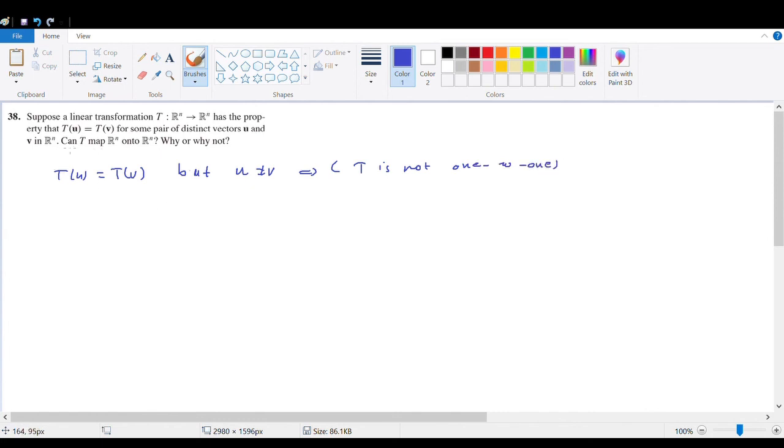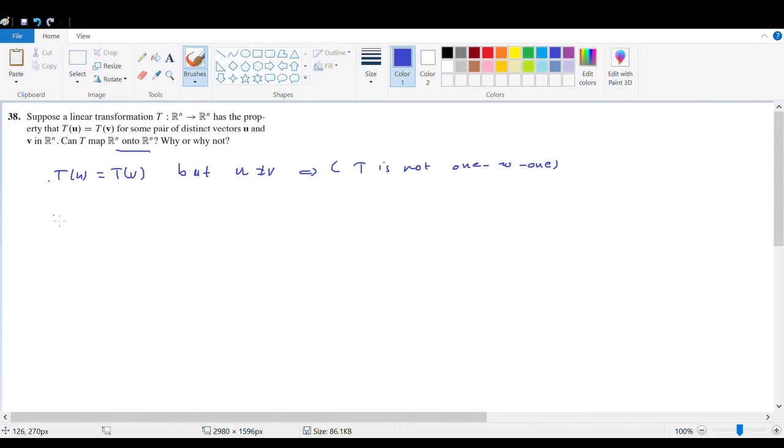So for some vectors u and v in Rn, can T map Rn onto Rn? Why or why not? Since we are given that T is not 1 to 1, by Theorem 12 in section 1.9, the standard matrix A of T has linearly dependent columns.